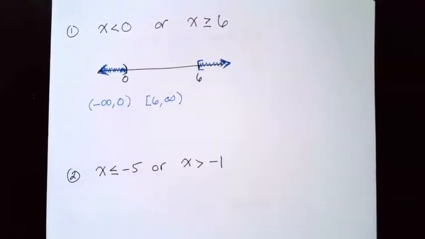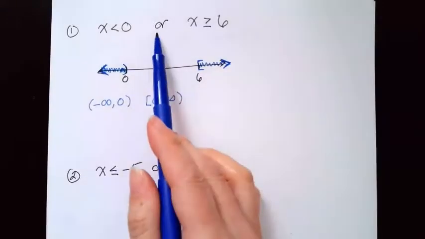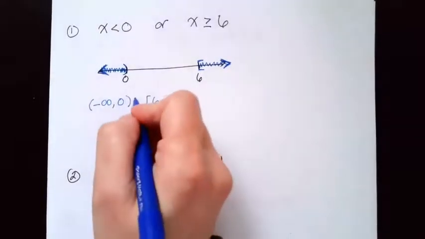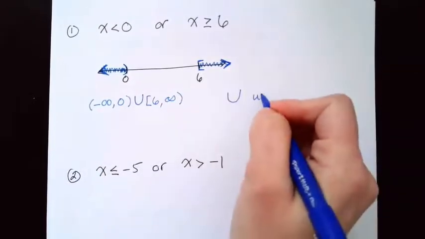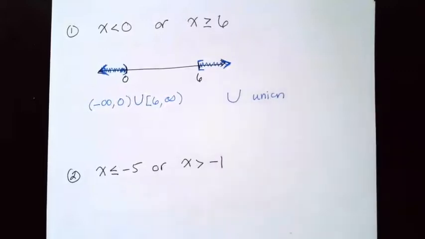And we would have parentheses around infinity. When we're writing intervals and we want to join two intervals, instead of using the word "or," we use the union symbol. So this big U stands for union. It's a set notation symbol.